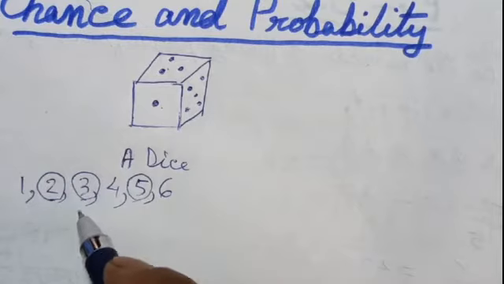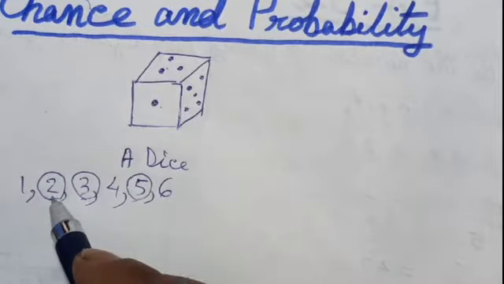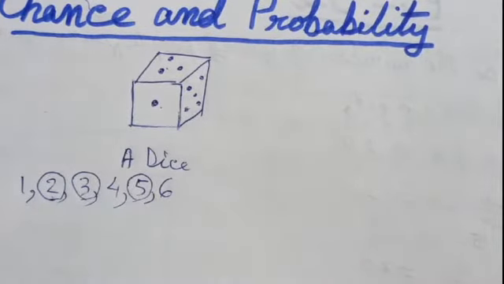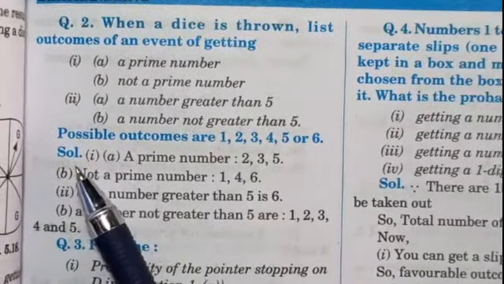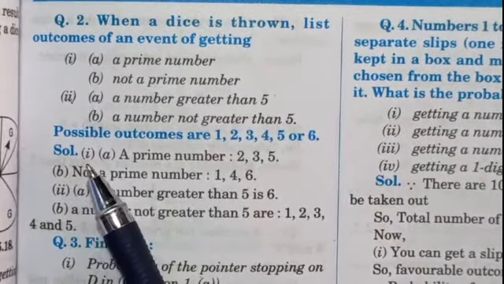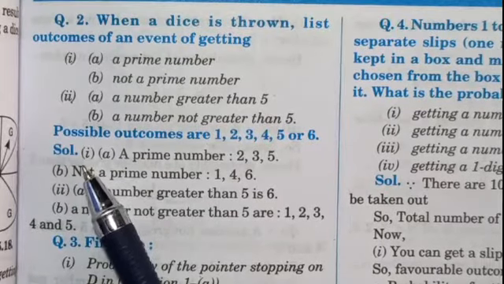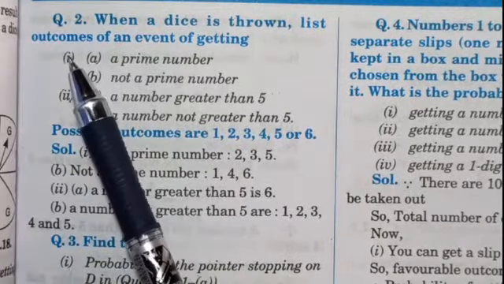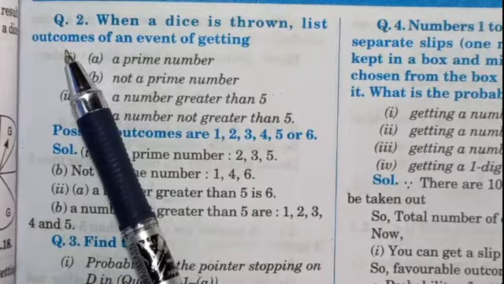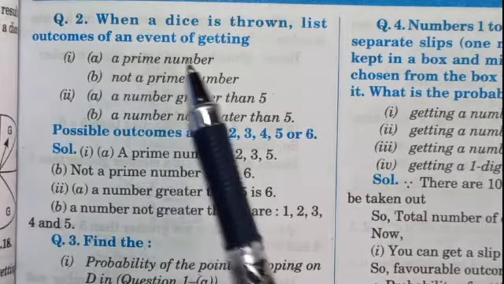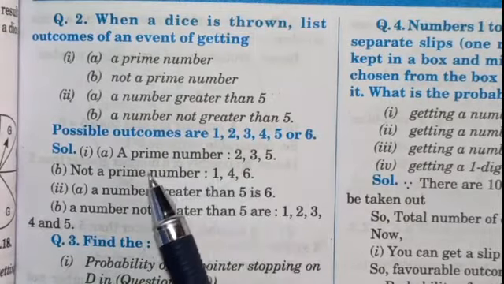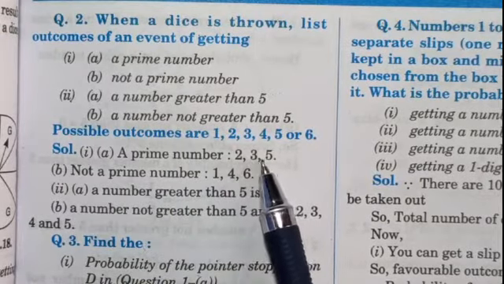So for Roman number 1A, the outcomes of getting a prime number are 2, 3, 5.